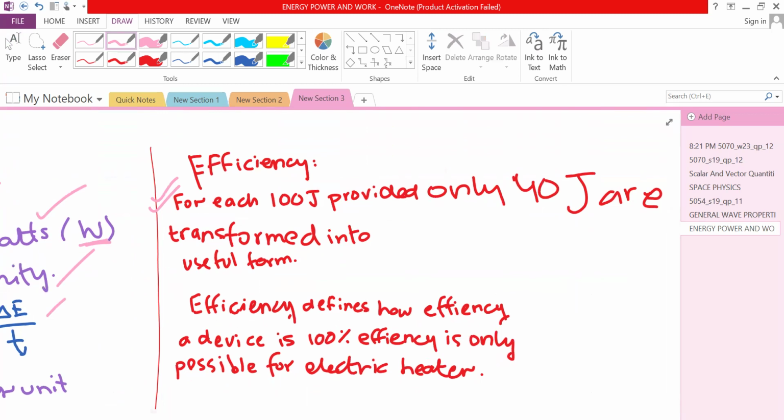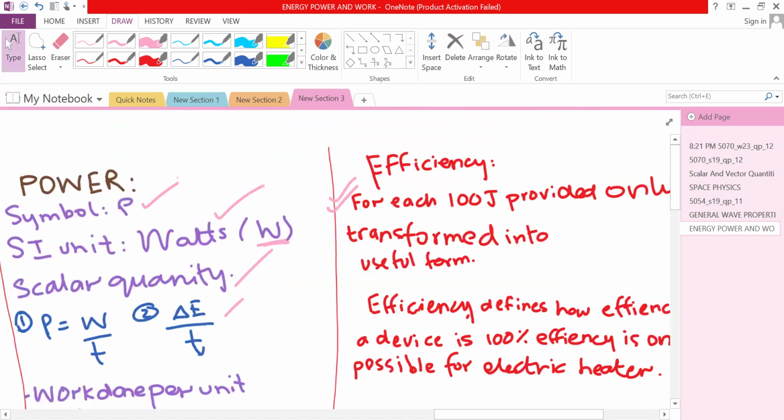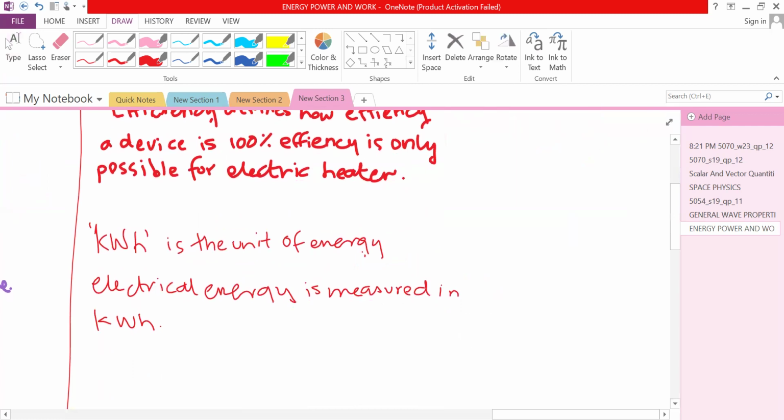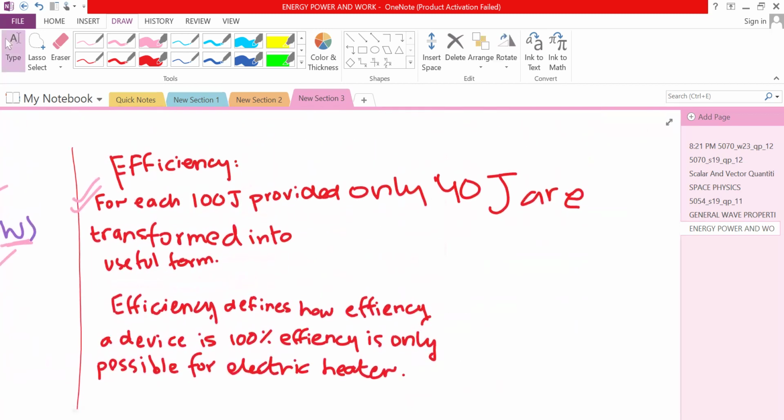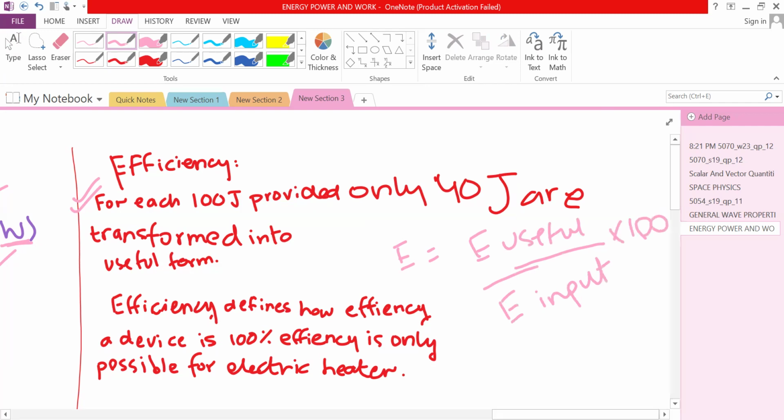Means in 100% energy, only 40% energy is transformed into its useful form. Then there is a formula for finding efficiency. Let me write this formula: efficiency equals useful energy divided by energy input, multiplied by 100.